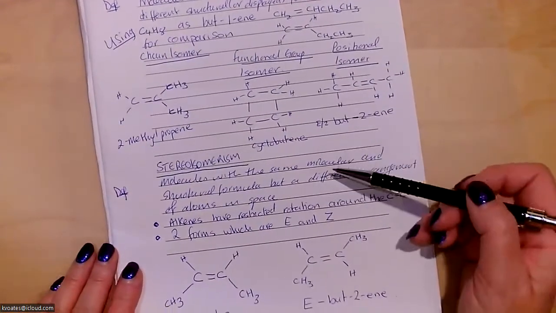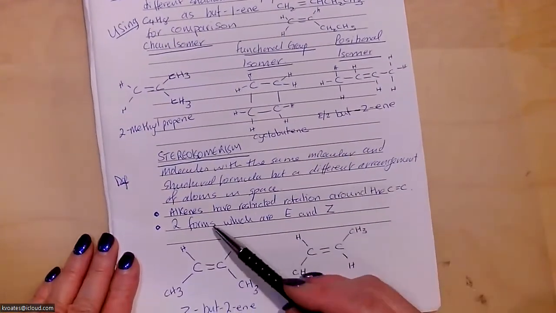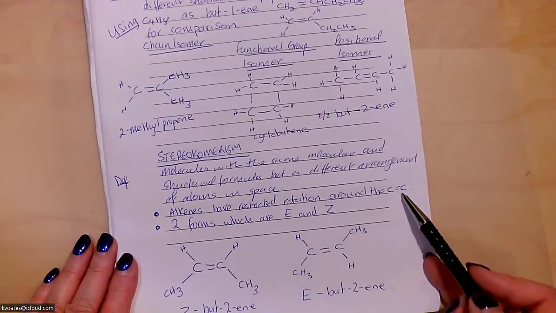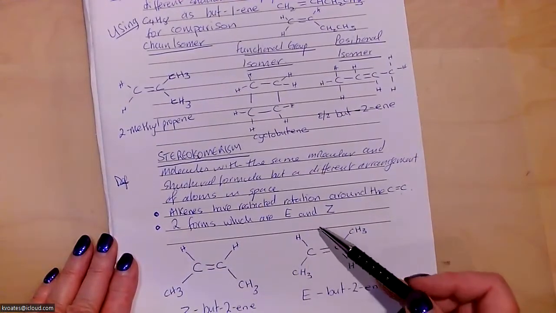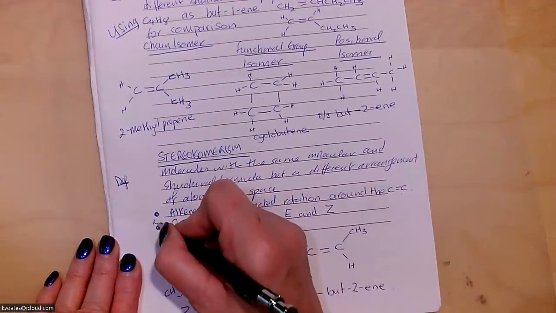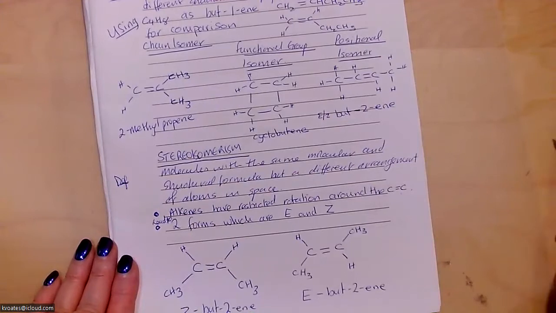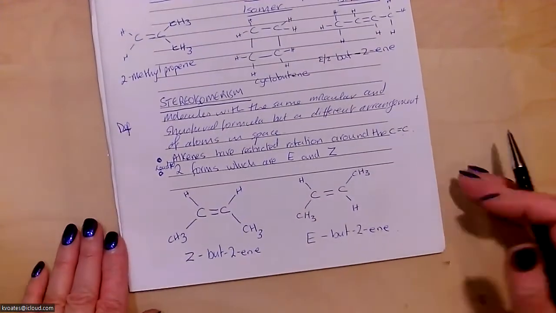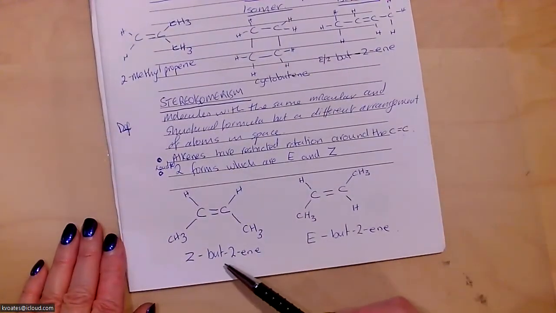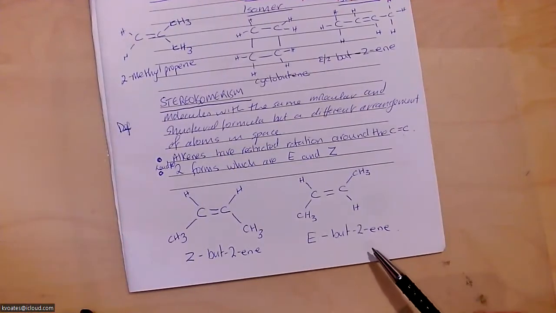I've then talked about stereoisomerism, so I've given the definition. I've said that alkenes have a restricted rotation around the C=C double bond, which leads to 2 forms, which are E and Z. And then here are my E and Z. So this is Z-butene and this is E-butene.